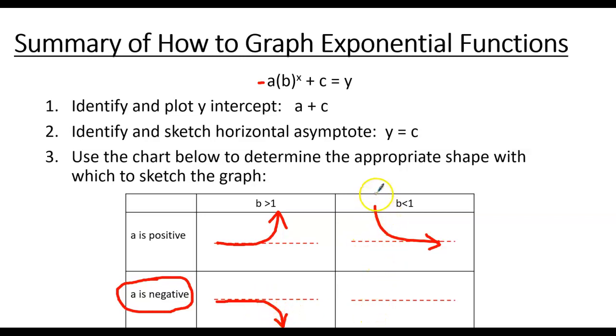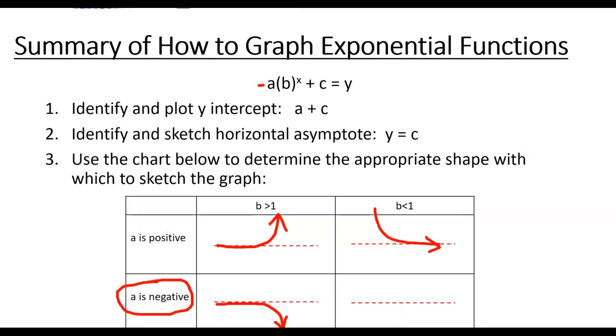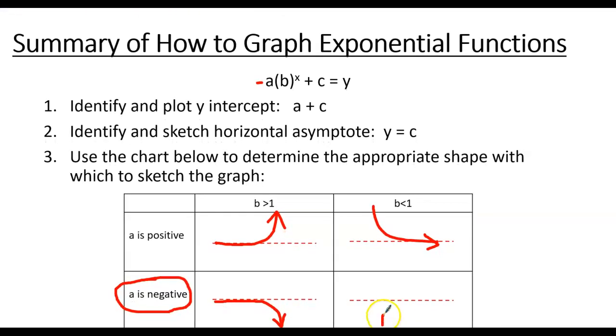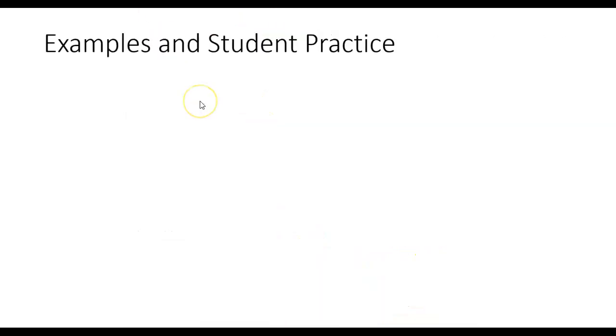And if b is less than 1, it used to look like this, but if I make the a negative, that's going to flip it upside down, so it looks like this. There you go. Okay? And so make sure you have that chart completed. That'll be helpful for what we're doing today. And just so you guys know, that dotted line represents the horizontal asymptote. So now that we've got that stuff, we're ready to go ahead and do some examples. So let's jump into some.